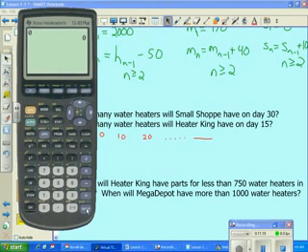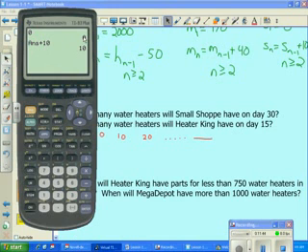If you take a look right above that negative sign on your calculator, it says ANS. That is the answer key. So we're going to go second, answer. And Small Shop was adding on 10 water heaters every day. So I'm going to go plus 10. Now, notice what happens when I hit enter. It took the previous answer that is on the right-hand side of the calculator and it added 10 to it.